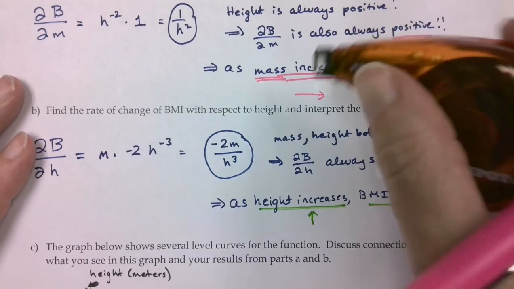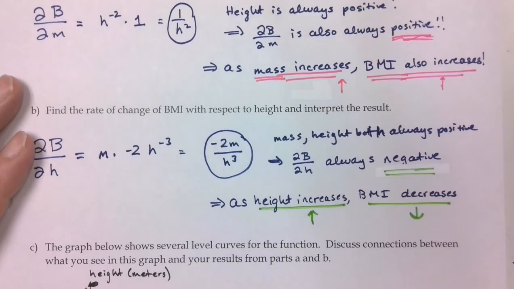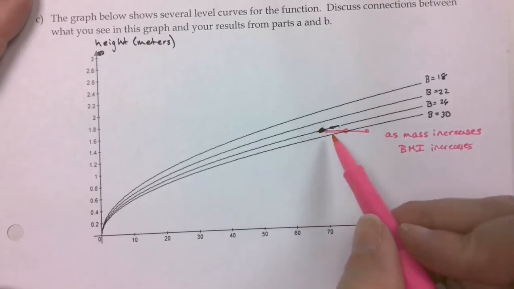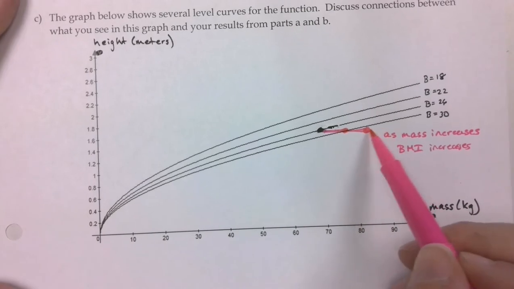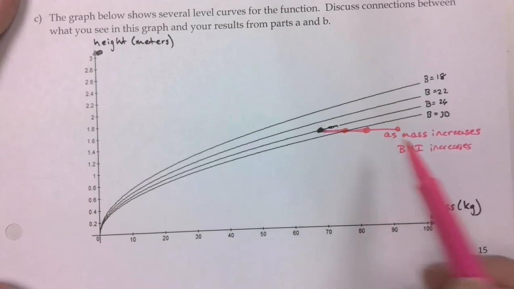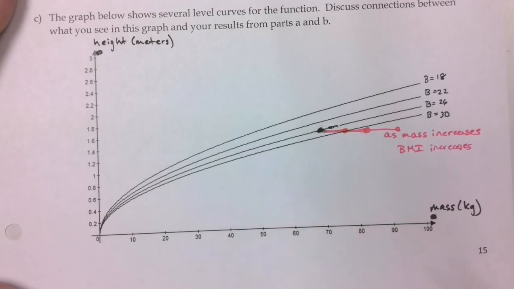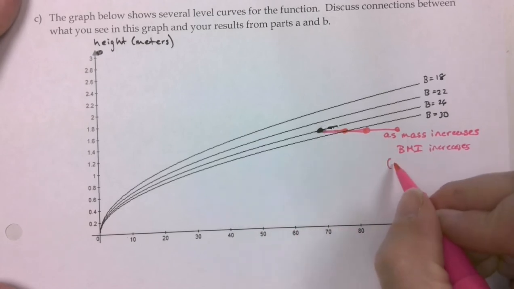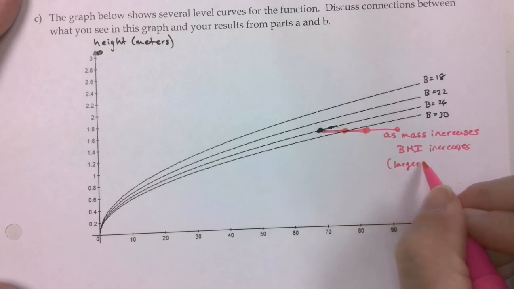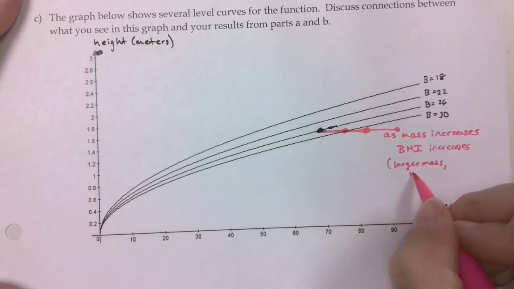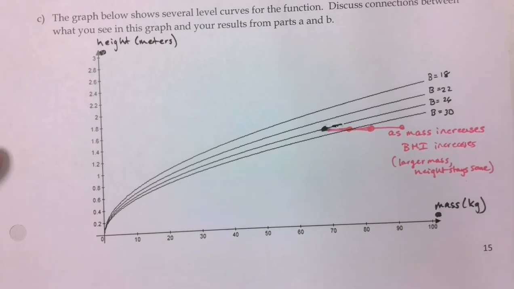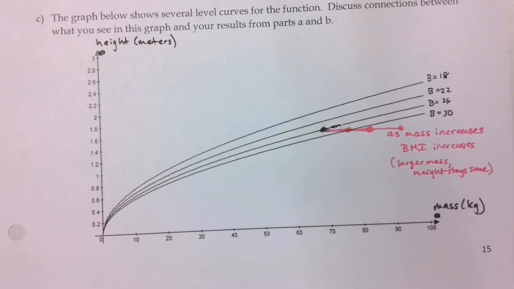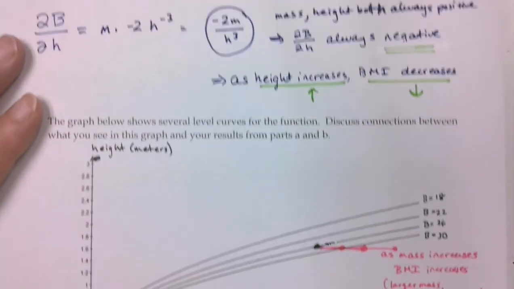Increases makes us think of up, but what we're really moving is to the right. So I'm going straight right. As I do this, my mass is increasing, so my BMI curve is going to get bigger. So I have a larger mass, and the height stays the same. If you gain mass and you don't gain height, then your BMI is going to go up. Simple as that.